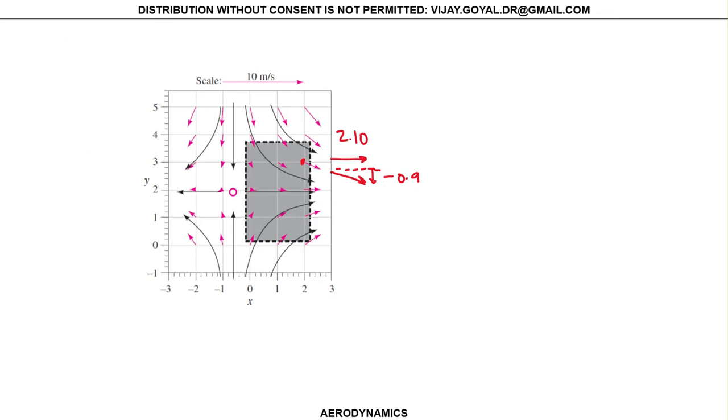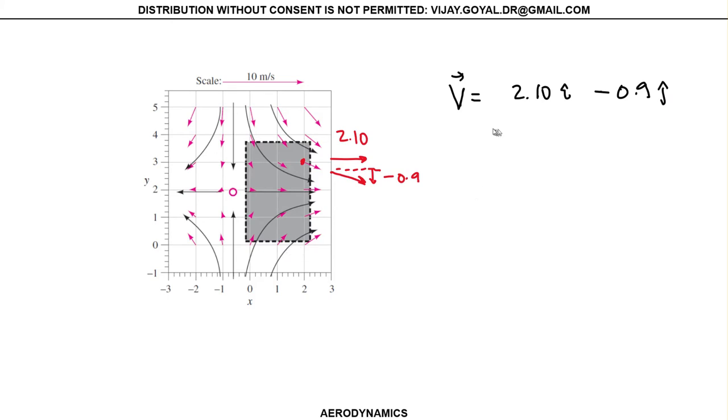Now, what if we wanted to find the magnitude of this vector? At this particular point, your vector is equal to 2.10 i plus -0.9 j. We are working on a plane.